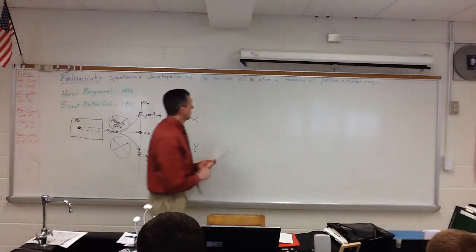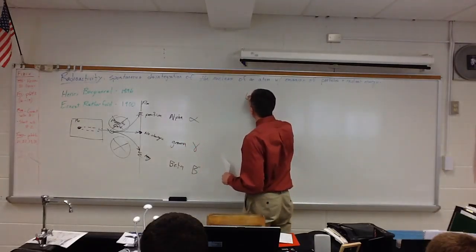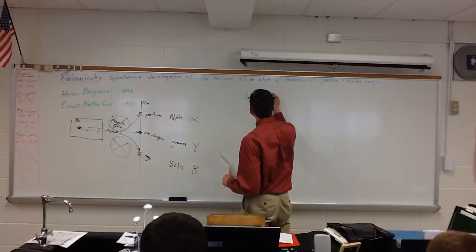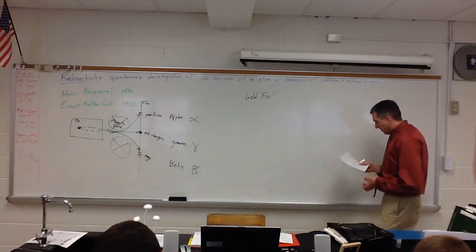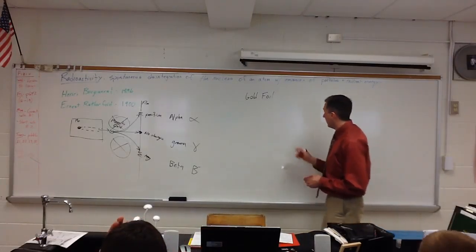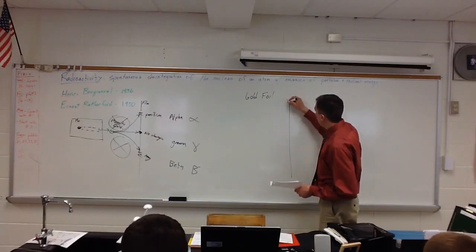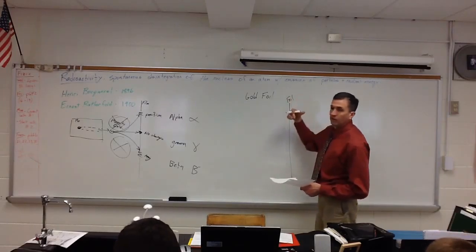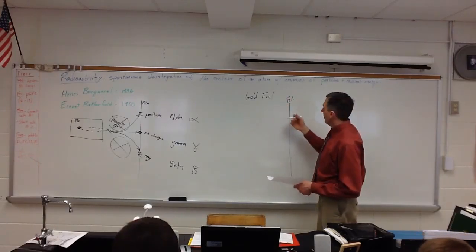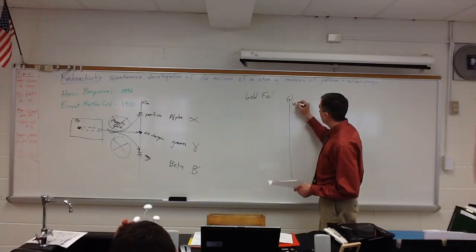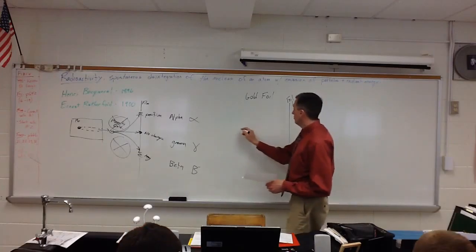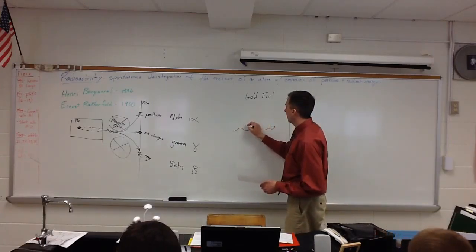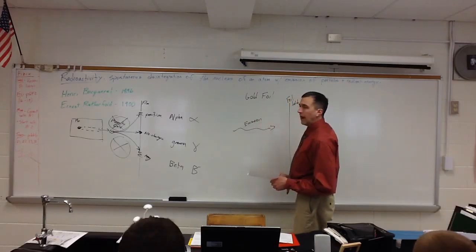The other one was a popular one called the gold foil experiment. And with the gold foil experiment, he basically just had a piece of foil that was, like you think of aluminum foil, tin foil, except gold. And then, same way, he's going to shoot radioactive emissions at the gold foil.